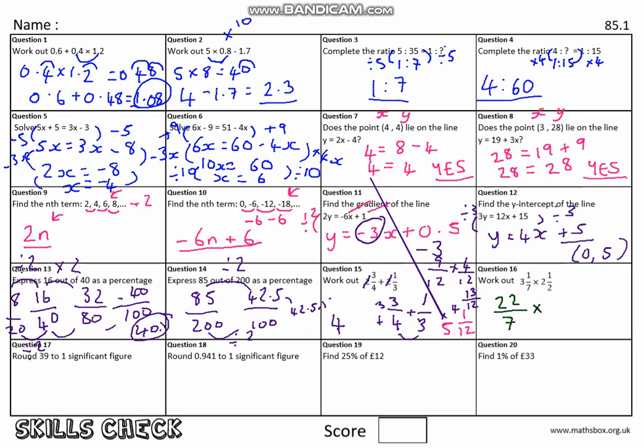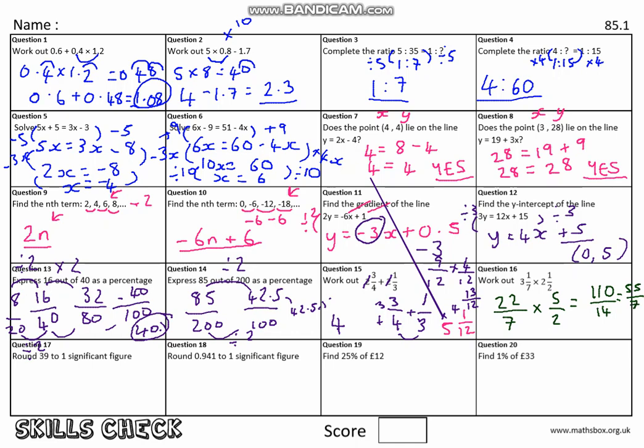And then times, well, we've got 2 times 2 is 4 plus the 1 is 5. And so we've got 5 over 2 here. So now, quite simply, we can just times across. So 5 times 22 is 110, and then 7 times 2 is 14. So let's simplify this first. So let's half both of them. So we get 55 over 7.